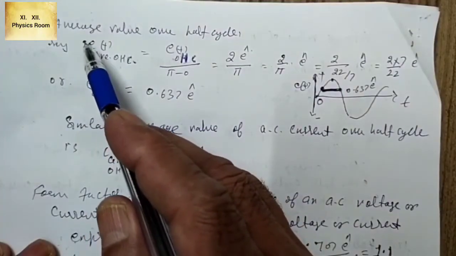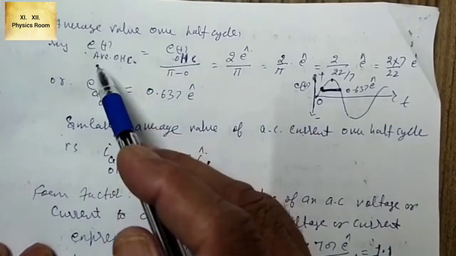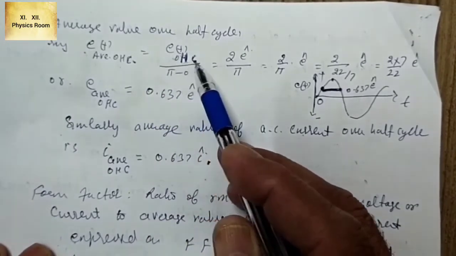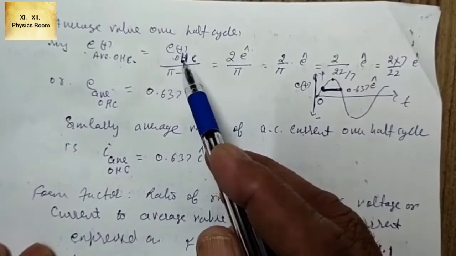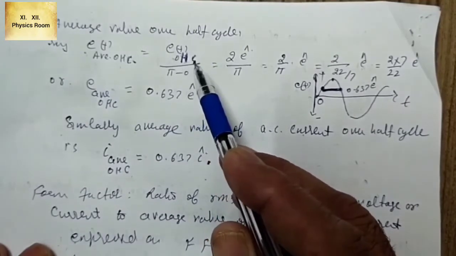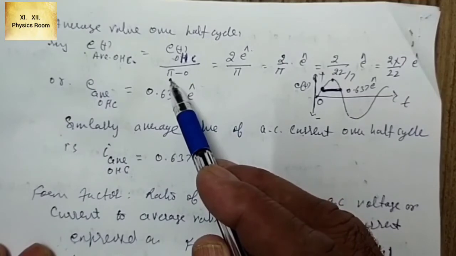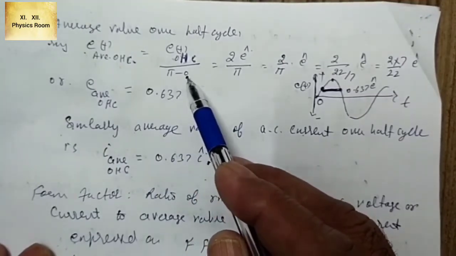Now we come to average value over half cycle. Say E average over half cycle is equal to e(t) over half cycle divided by pi minus 0. When we divide a large number of values which are summed up by the total number, that becomes the mean value. Here the upper limit is pi, the lower limit is 0, so the total is pi minus 0, which is pi.